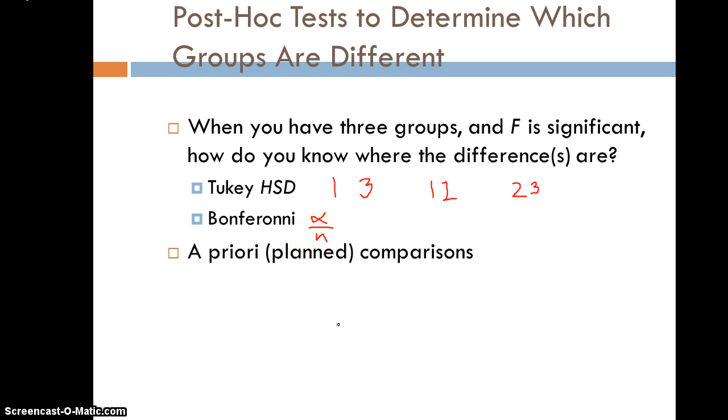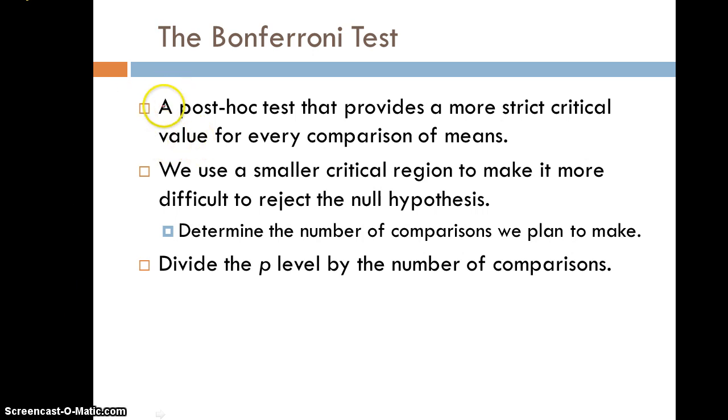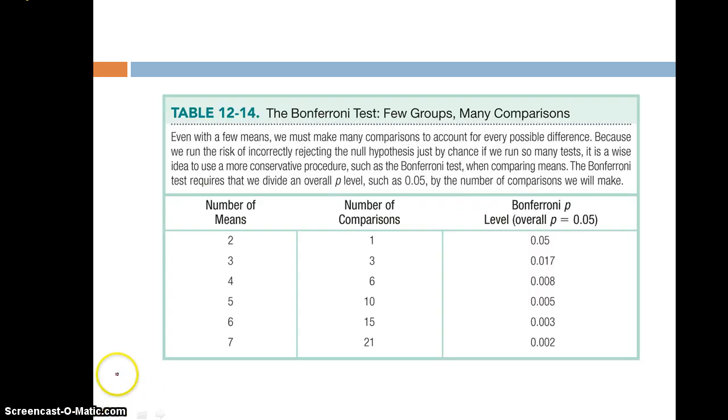That just gives us an adjusted critical value, a more strict critical value every time you make a comparison of different means. It shifts the critical region so that it makes it harder to reject the null hypothesis by chance. So we divide that p-level by the number of comparisons.